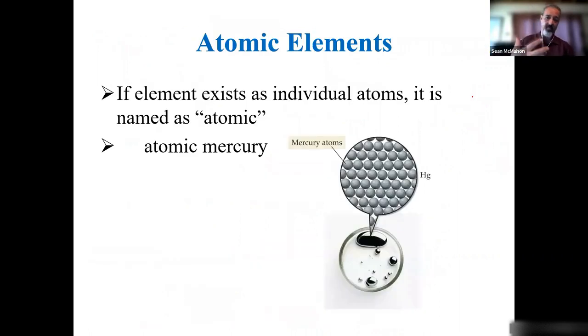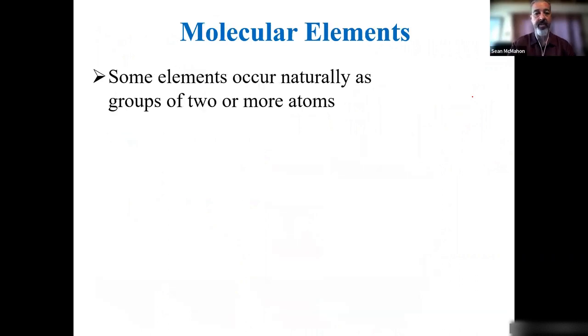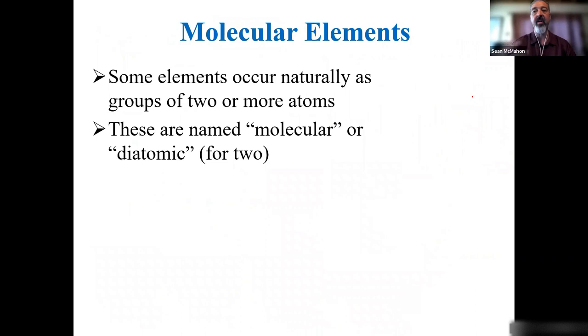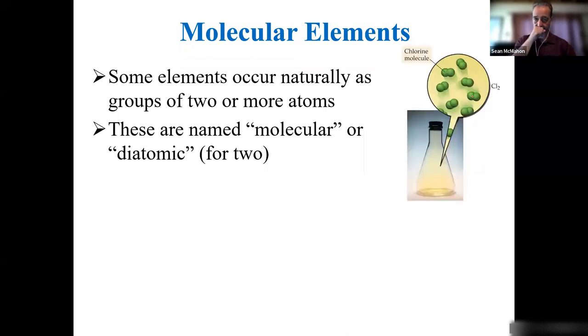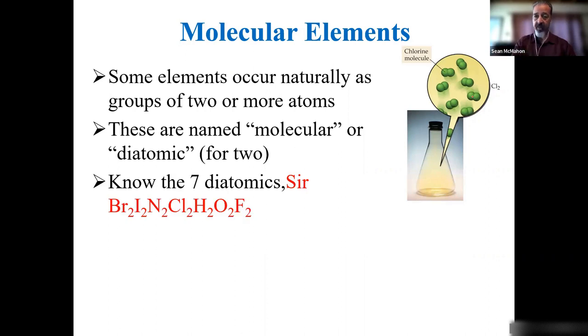But let's further discuss atomic elements. Again, individual atoms. Molecular elements. I like to refer to them as diatomics. The molecular gets people confused because of compounds, all right? But the diatomics, the di stands for two. Chlorine was an example, but you may have remembered from chapter 4, I said, hey, there's 7 diatomics, you need to know them. So you can use the acronym Sir Brinkelhoff, okay?